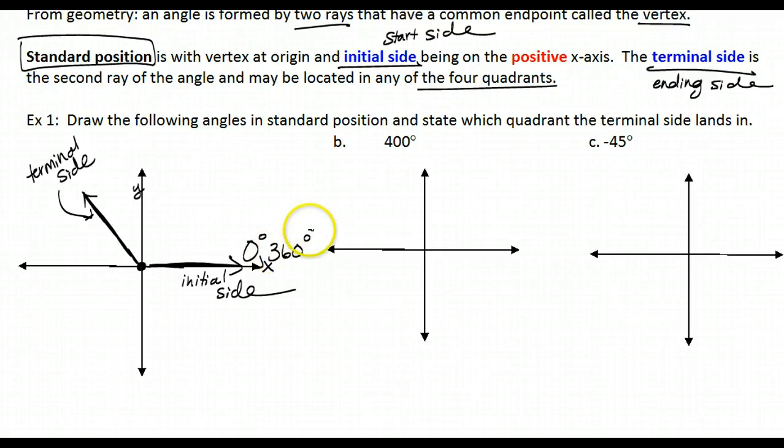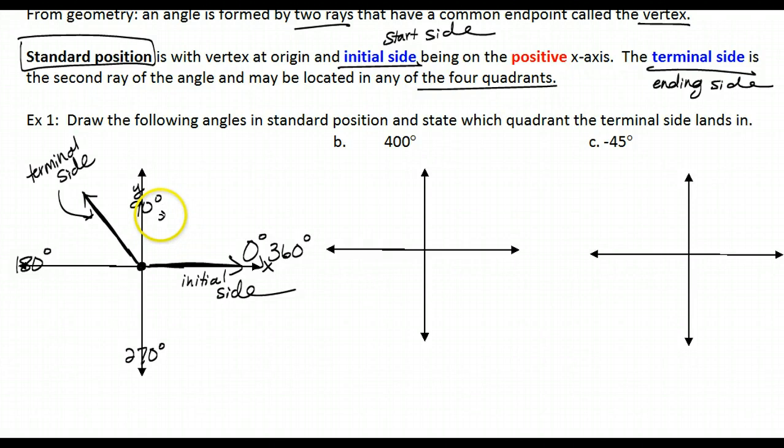So based off of that, half a revolution is 180 degrees, and a quarter of the way would be 90 degrees. 3/4 of the way would be 270 degrees. Write those down carefully. So my four axes, I guess I could call them, go from 0, 90, 180, 270, 360.